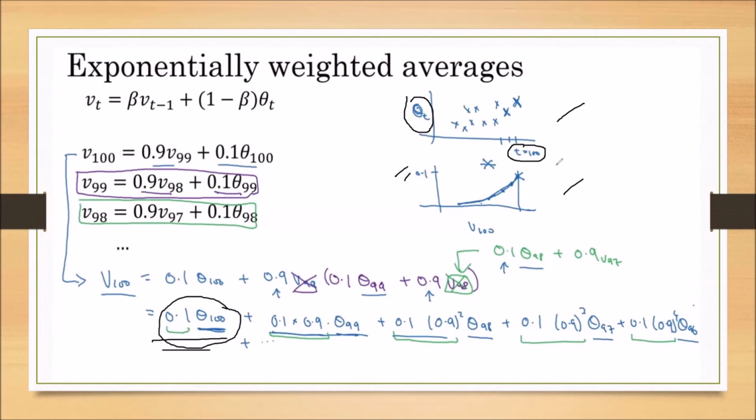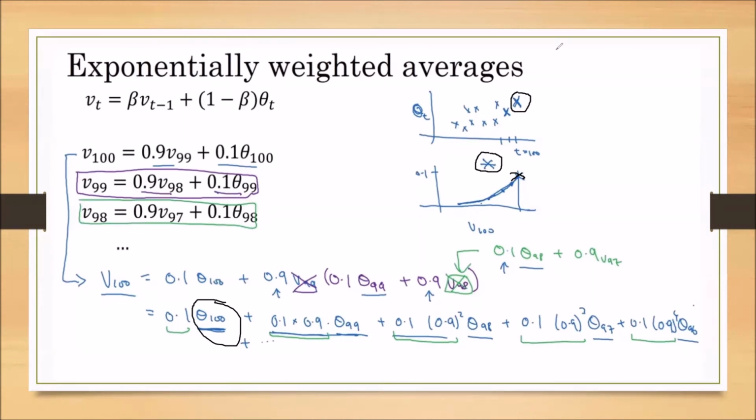I take the 0.1 here. This star indicates multiplication, multiplying with theta 100, the 100th day temperature. That's why I am drawing a circle here. So we are multiplying this 0.1 with theta 100. The first expression is represented.